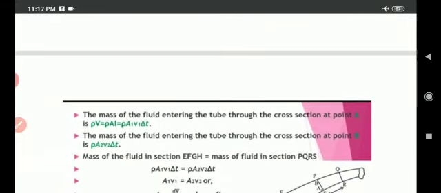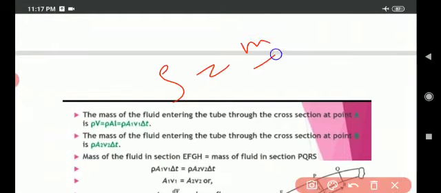The mass of fluid entering the tube through the cross section at point A is rho into V. Mass is equal to rho into V. We know that rho is equal to mass upon volume, but mass is equal to rho into V. Therefore, this is the mass of liquid.